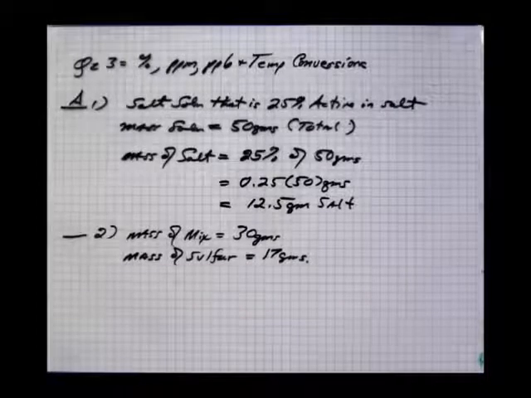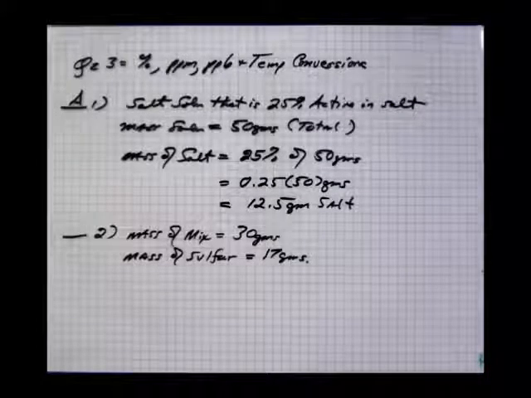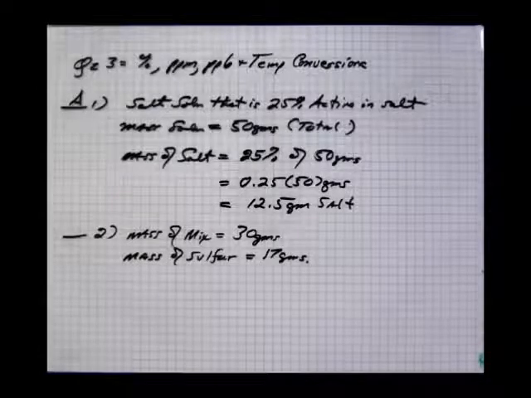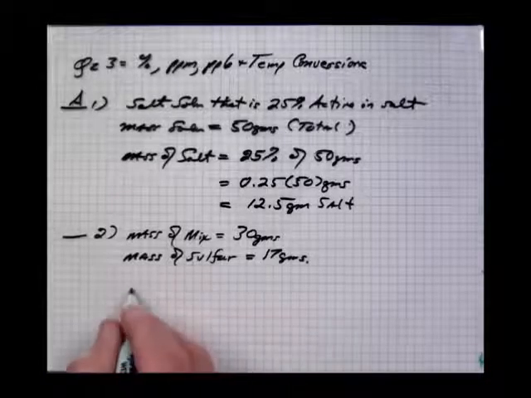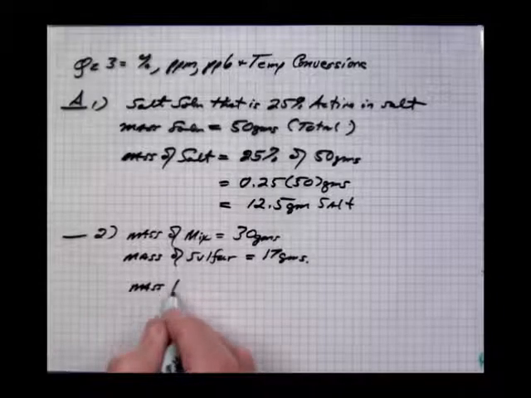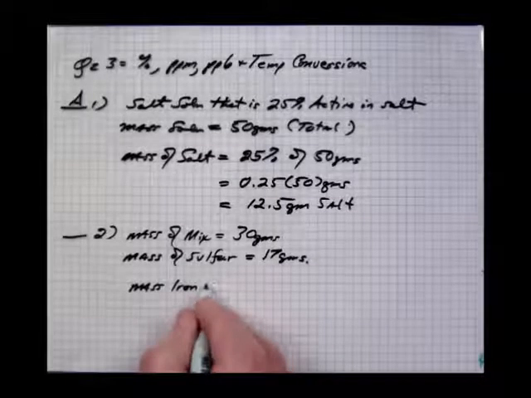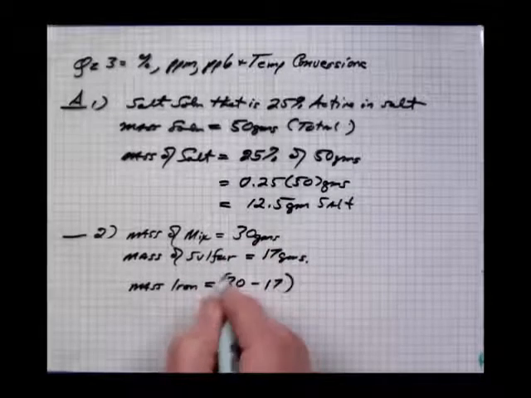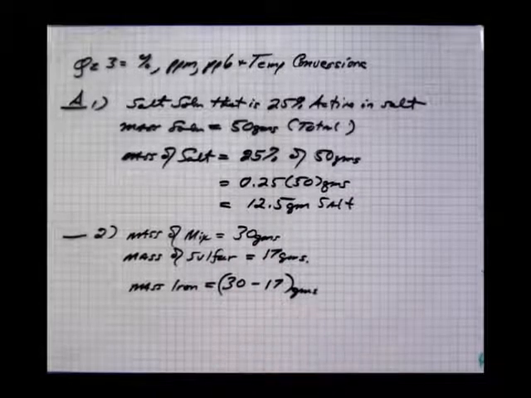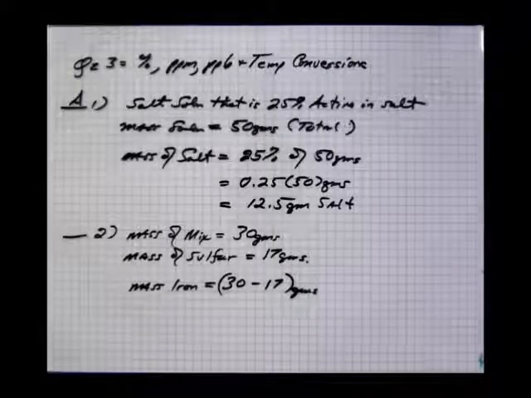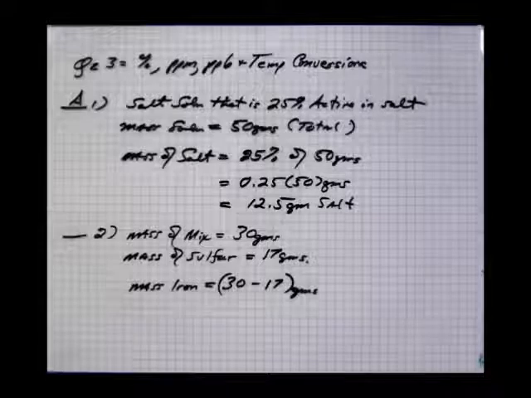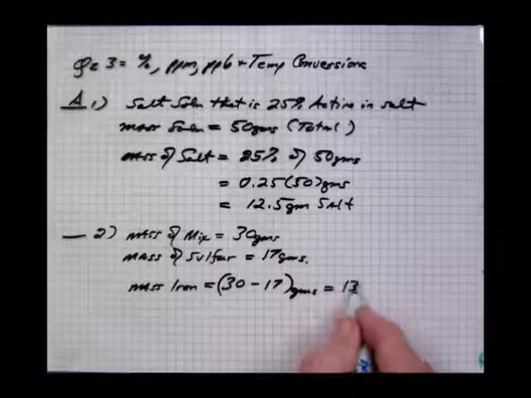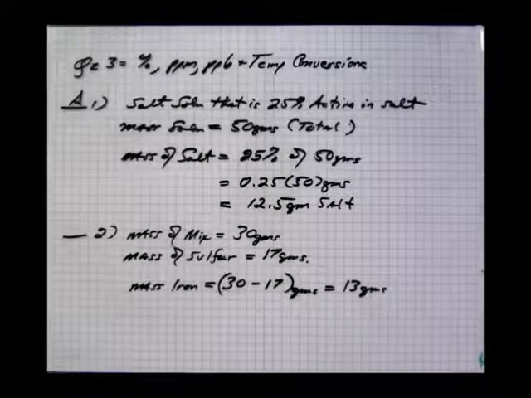What is the percent iron in the sample? Well, we have to get a mass of iron first. Mass of iron is the total 30 minus 17 grams, so we have 13 grams of iron in the sample.